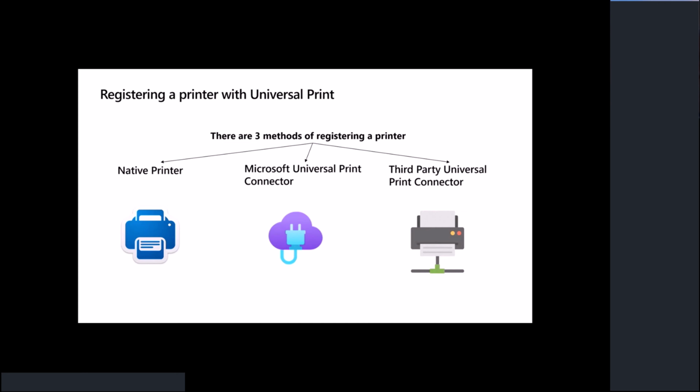So with the Microsoft Universal Print connector, when we talk about secure print, trying to integrate that, we do have to have an Azure AD and on-prem Active Directory hybrid situation set up with AD Connect. Next slide.